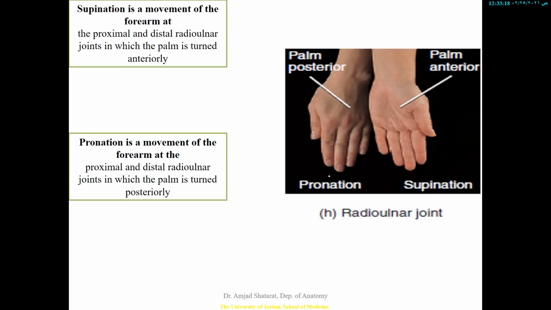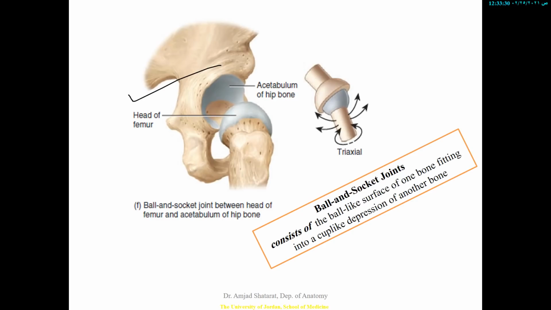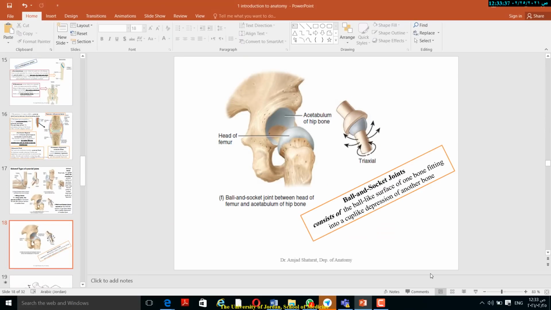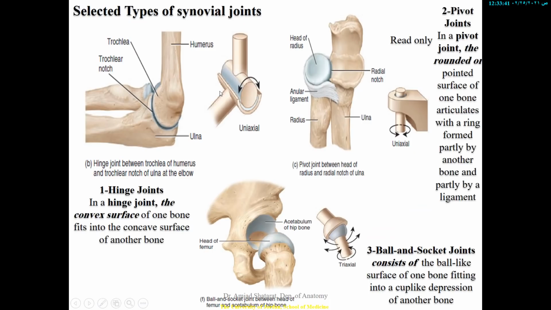Now, you need to understand that supination and pronation take place at the superior and inferior radioulnar joints. I'll take you back to these joints here.